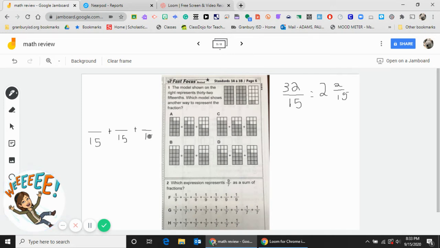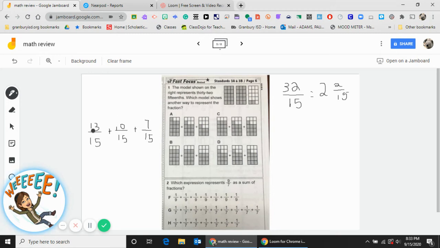And then I'm going to add up the shaded area. So 3, 6, 9, 12, 13 for there. Then I've got 3, 6, 9, 10 here. Then I've got 3, 6, 7. We're looking for 32 as our answer, right?